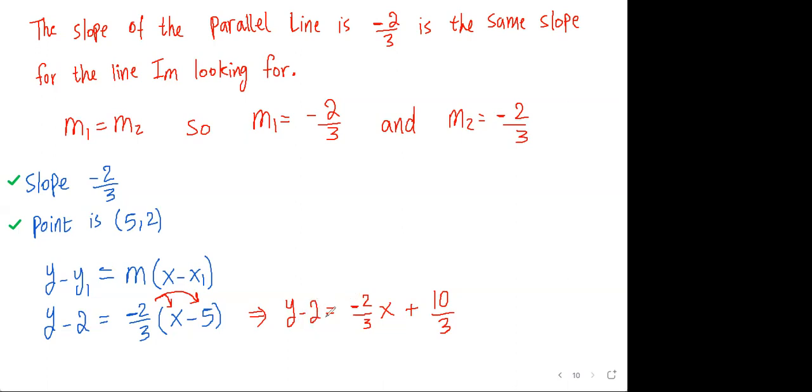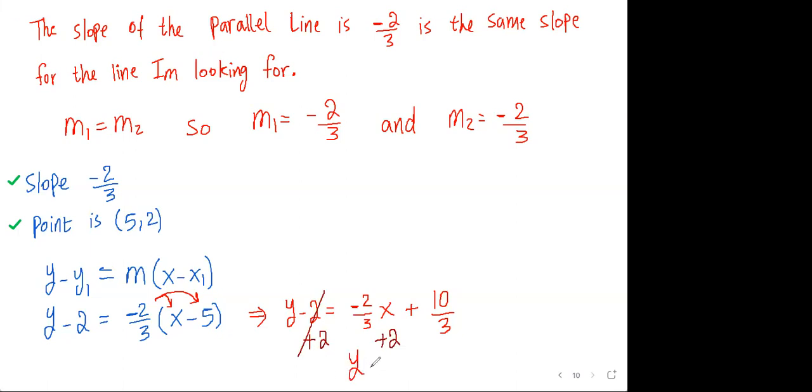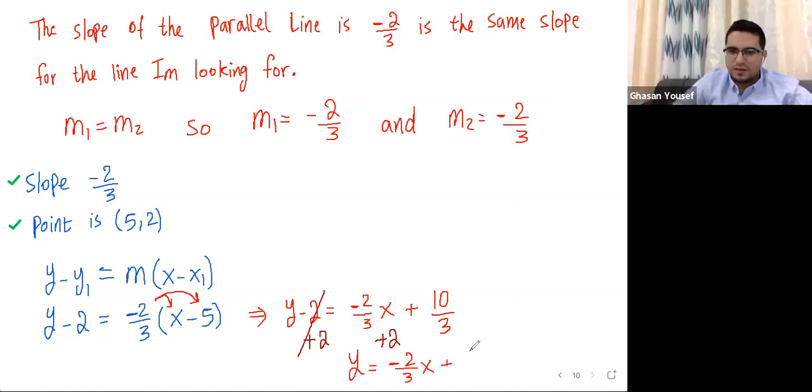Now we're going to add 2 to both sides, right? Add 2, add 2. When we add 2, this cancels out. What do I get? Y equals negative 2 over 3 x plus 10 over 3 plus 2. The 2 is over 1, right?